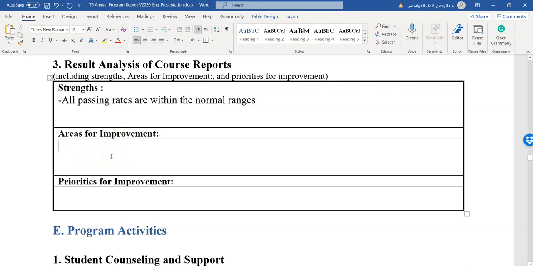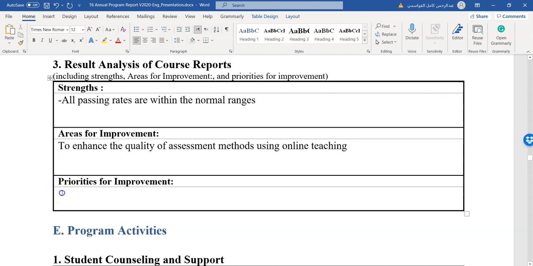Area of improvements, for example, to enhance the quality of assessment methods using online teaching.